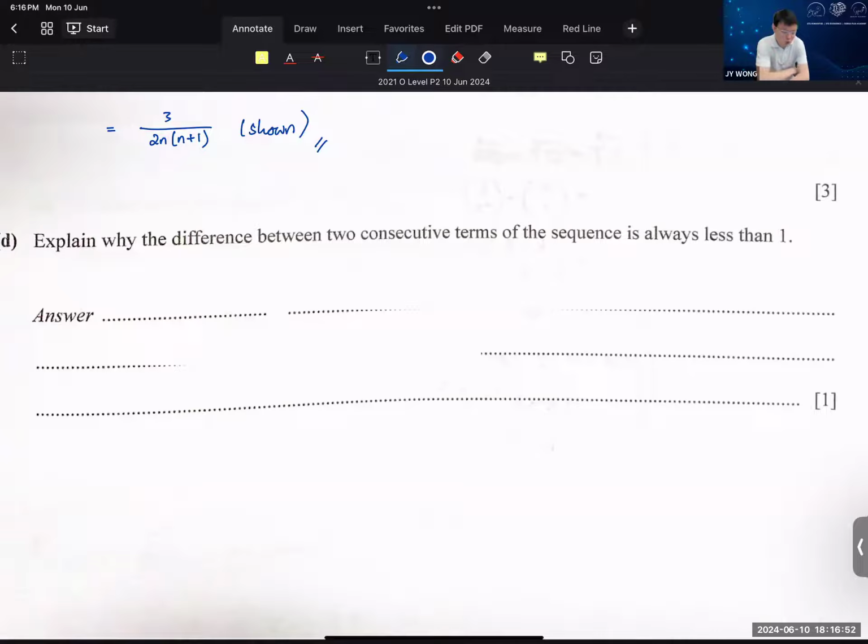So this one is not so standard. Normally, for this kind of question they'll tell you, show that it's always a multiple of 3, always divisible by 3, and so on, and you can show that because 3 is a factor. But this one is a lot less standard. Explain why the difference between the 2 consecutive terms is always less than 1.